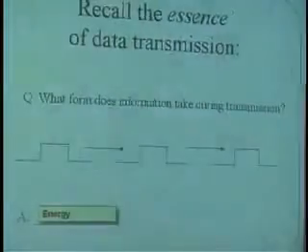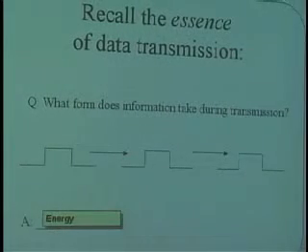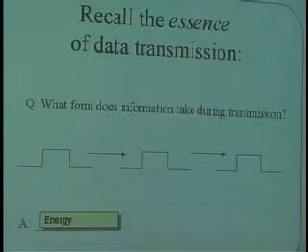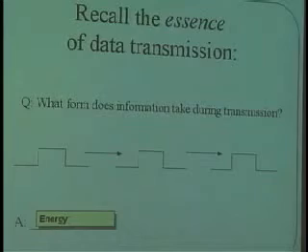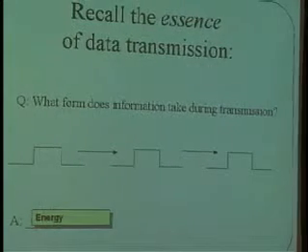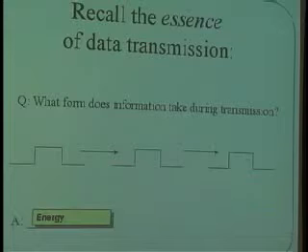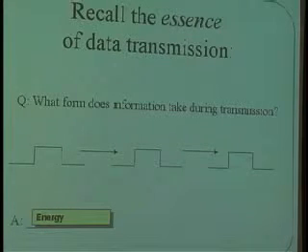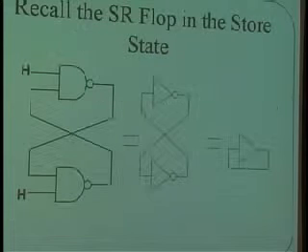Just remembering again the essence of information transmission: when a wave is propagated along a wire or in the air or however you want to do it, it's energy that is transferred from one side to the other, from the transmitter to the receiver. And that is the form that the information itself is taking, physical energy.